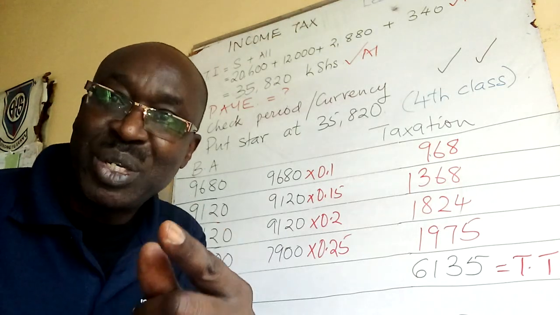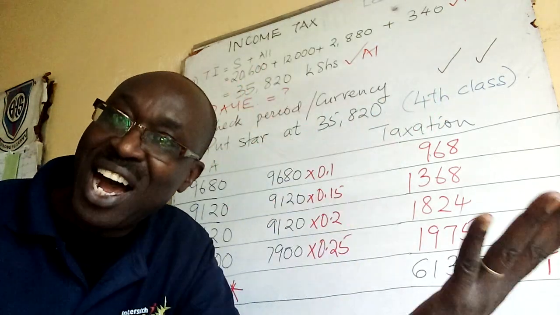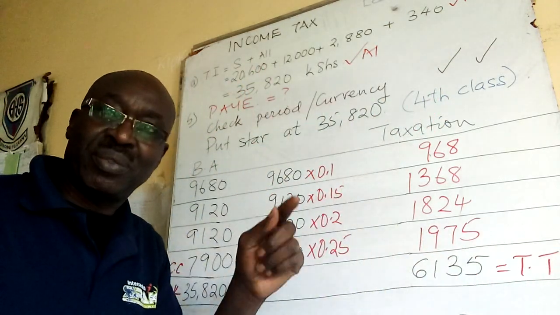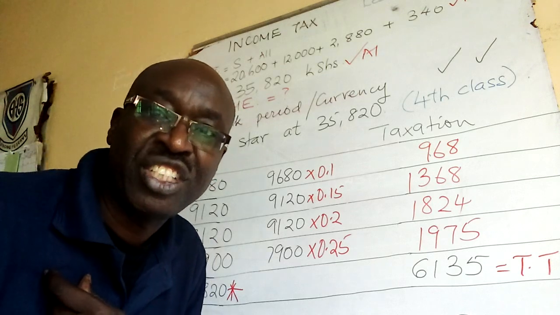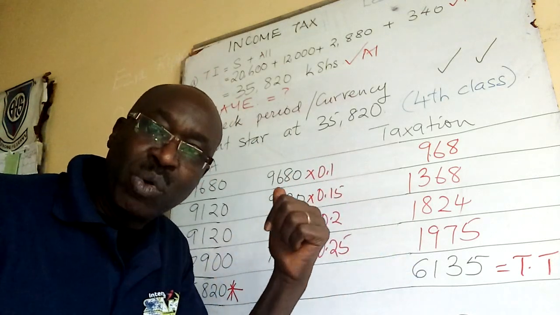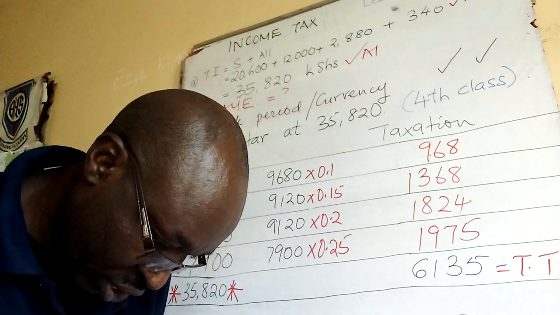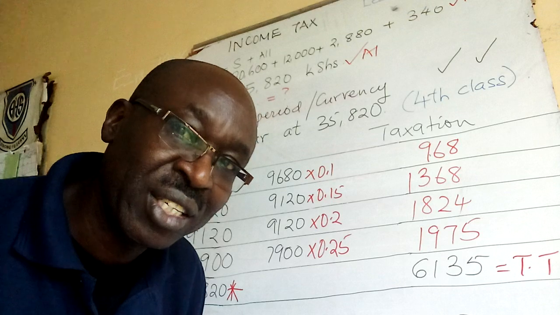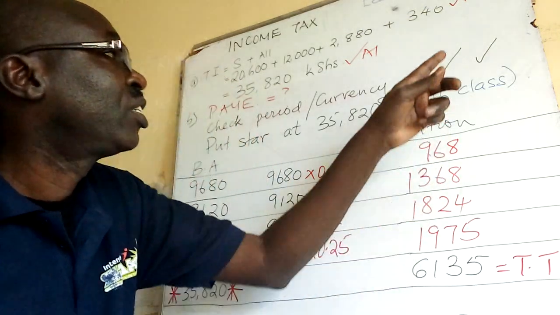Okay, our income is also monthly. I've ticked. I'm done. Currency: I am earning in Kenya shillings. In the government table, it is also in Kenya shillings. My income, Kenya shillings. Table, Kenya shillings. Tick.